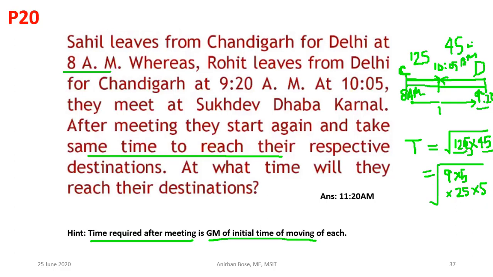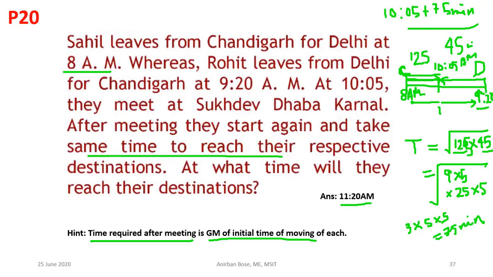So the square root of that means 35 into 5, so this is 75 minutes. So after 10:05 it will take 75 minutes. So 10:05 plus 75 minutes is the answer. So that will be 11:20. Okay, so in this way you can solve the problem.